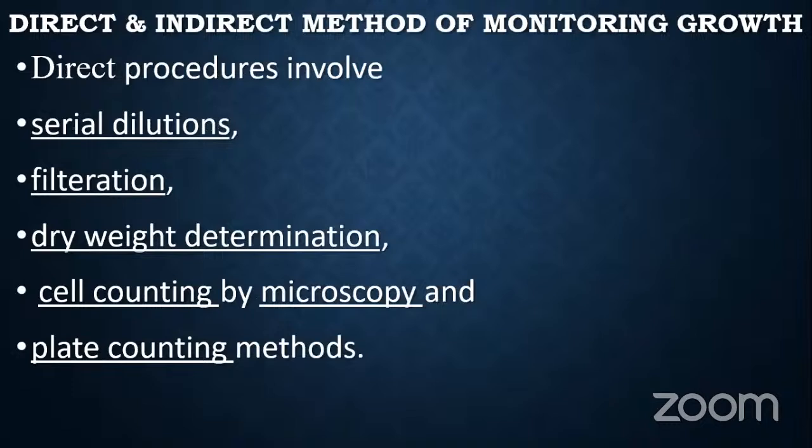These direct methods give us a direct assessment of microbial growth. It helps us to know that an organism is actually viable, is actually growing, and is at a particular phase of growth.